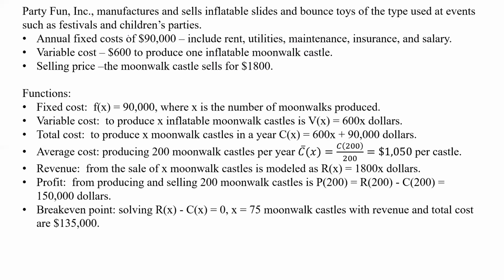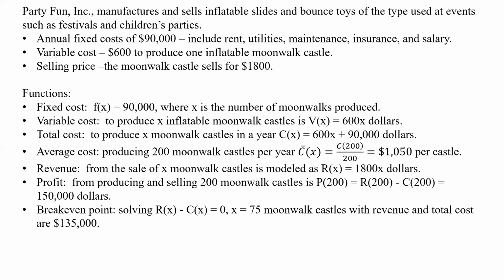So what we want to do is with these items, we want to start creating some functions. The functions we're going to create are kind of the ones we just looked at on the first page here. We have fixed cost. Well, we'll call that f of x for fixed. And that's just going to be 90,000. That's all it is. And x is going to be the number of moonwalk castles produced.